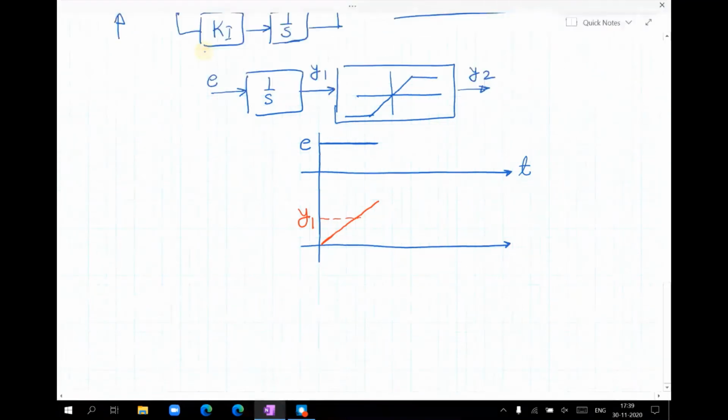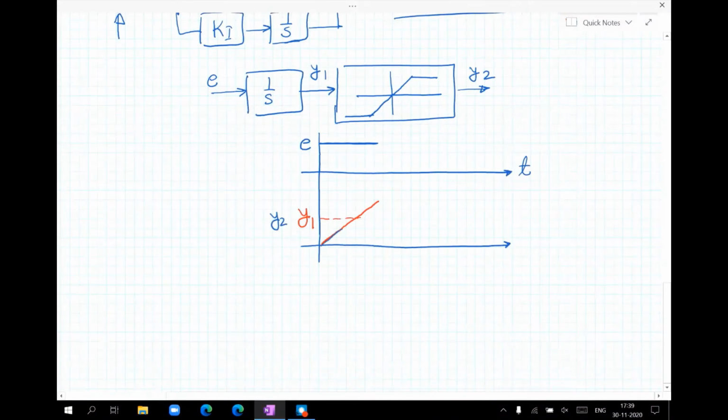So the output y2 will be this. So basically what is happening is, even though the output of the saturation block y2 is limited to its limit, the output of the integrator, that is y1, keeps on integrating.